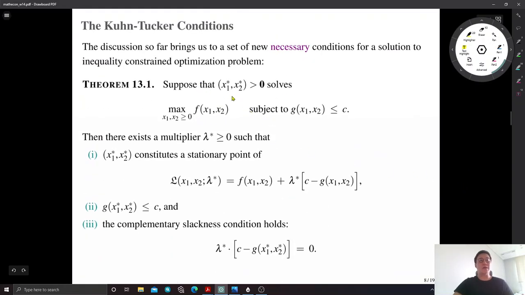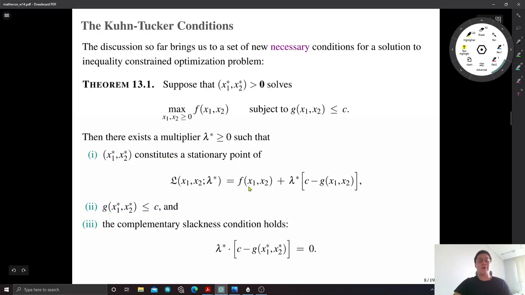The new method appears on page number 8. When it comes to these Kuhn-Tucker conditions, we have to check three different conditions. If we come up with an optimization problem given inequality constraints, we first set up the Lagrangian and check that the point is a stationary point of the Lagrangian.